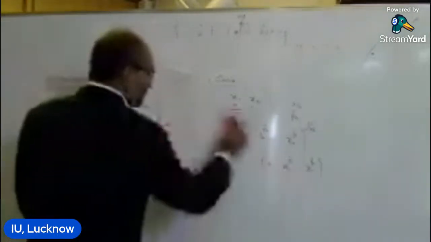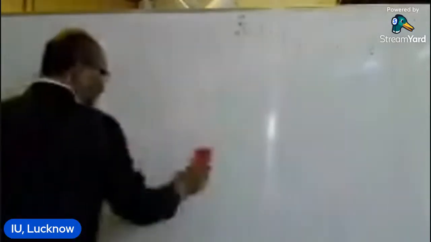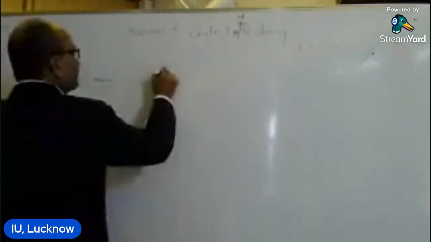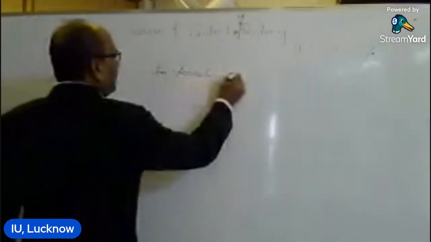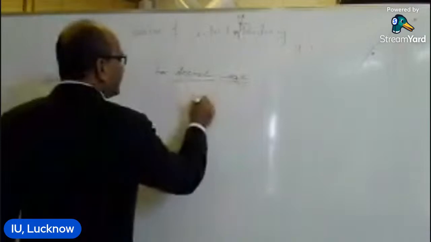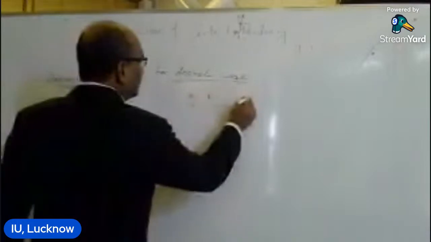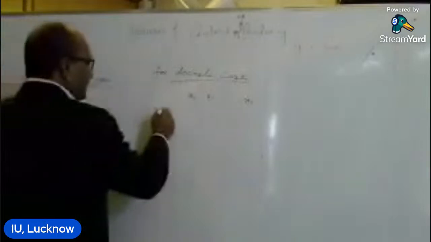So how to obtain the harmonic mean? Just for the discrete case, the data are given like this: x1, x2 and xn. In that case, what is the formula of harmonic mean?